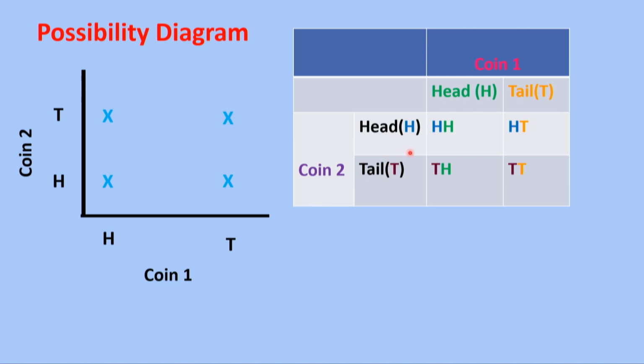So I can get head, head, or head, tail, or tail, head, or tail, tail. These possibilities can also be written in this way: head, head, head, tail, tail, head, or tail, tail. You can either represent it in this way or in this way.